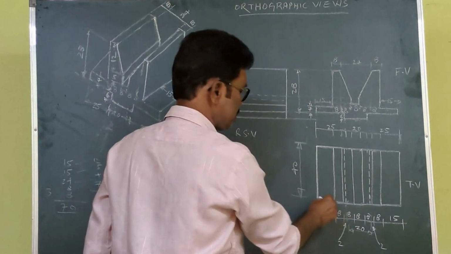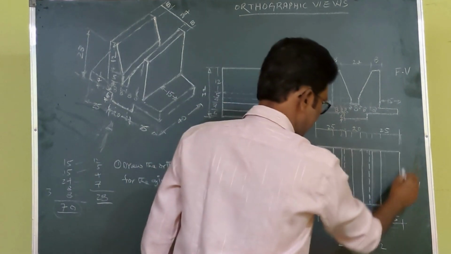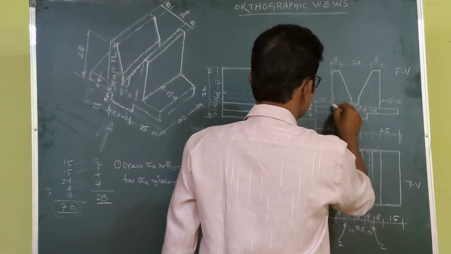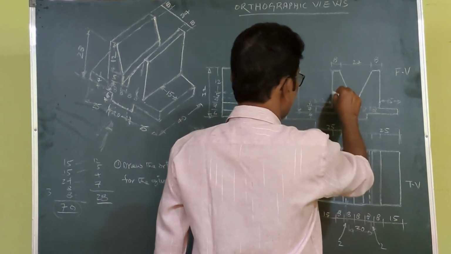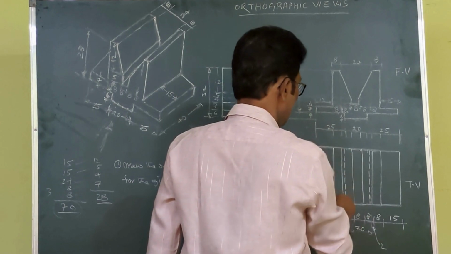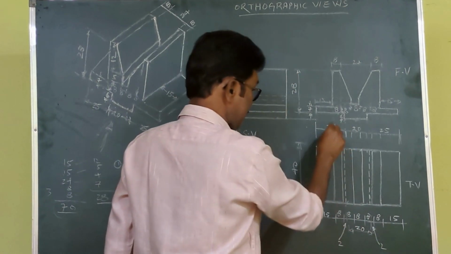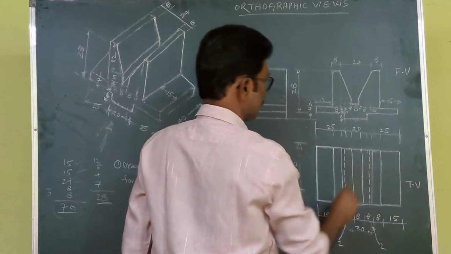First, by using these 2 dimensions, you draw a rectangle. From this rectangle, the parts are to be extended with projectors into the top view.